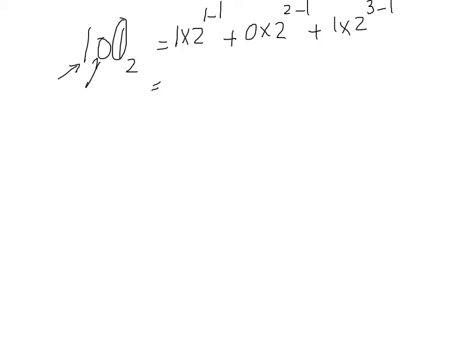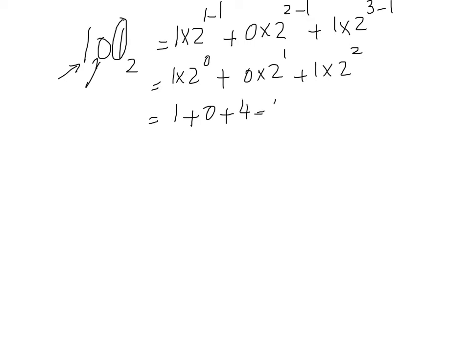Now, 1 minus 1 becomes 0, so 1 times 2 exponent 0, plus 0 times 2 exponent 2 minus 1 is 1, plus 1 times 2 exponent 3 minus 1 is 2. 2 exponent 0 is 1, so 1 times 1 is 1, plus 0 times anything is 0, plus 1 times 2 exponent 2 is 4, so it's 4. 1 plus 4 is 5. So we say 101 base 2 is 5 base 10.